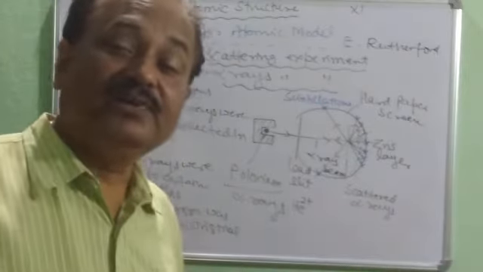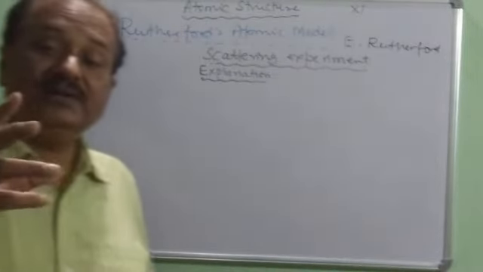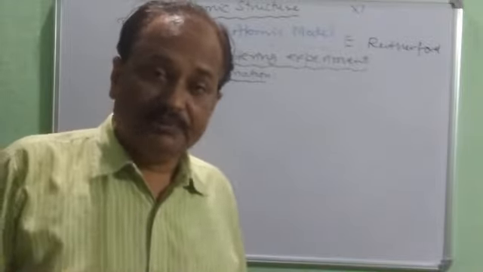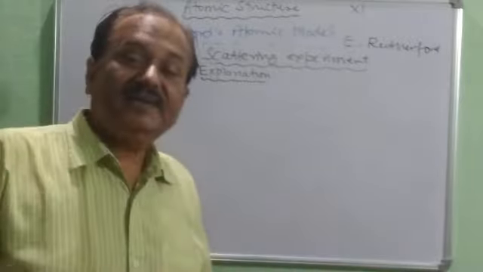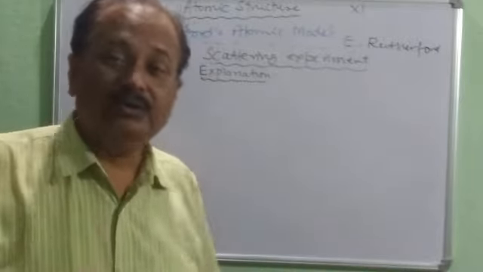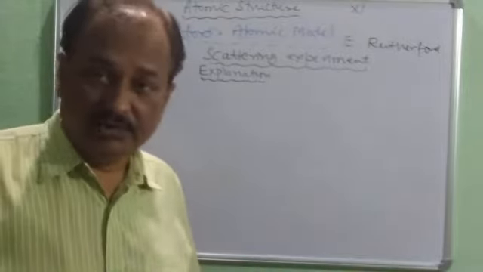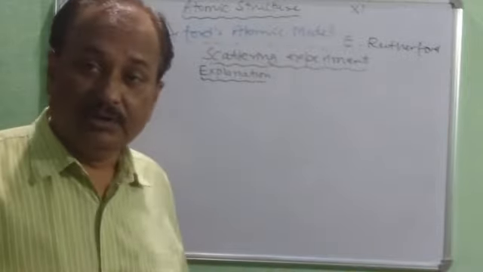Now we'll see the reason behind the three types of observations. Rutherford said that atoms are hollow ball-like structures, and he proposed the atomic model for the first time, called the nuclear model of the atom.